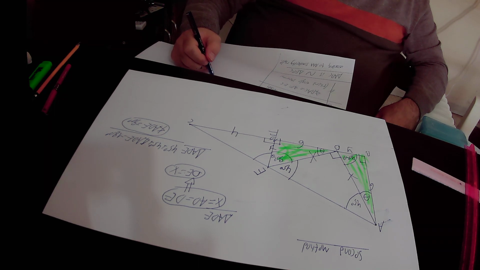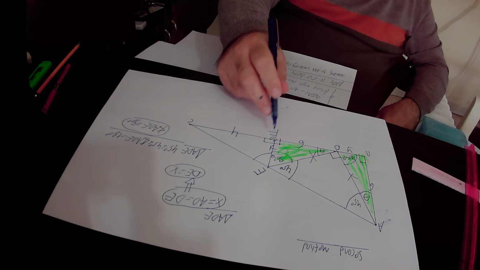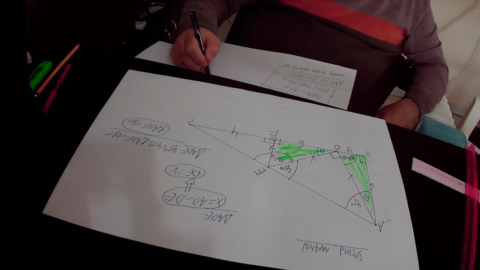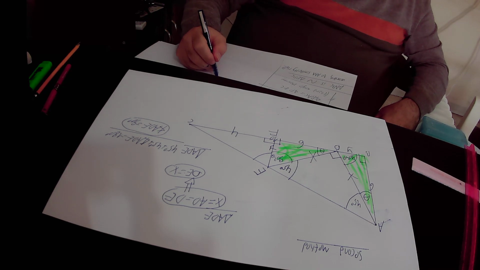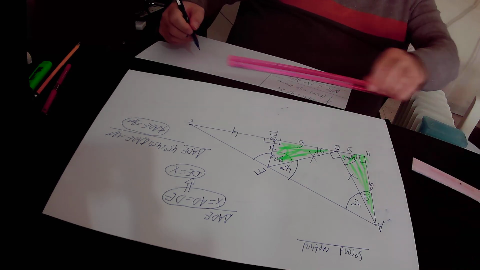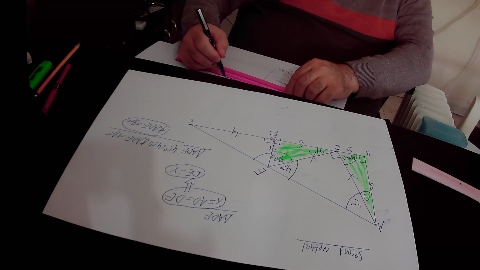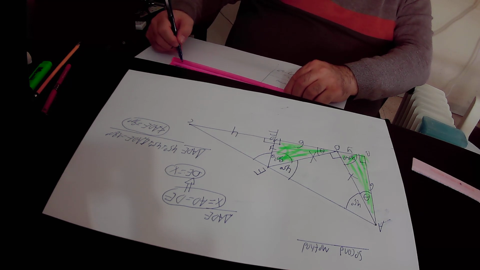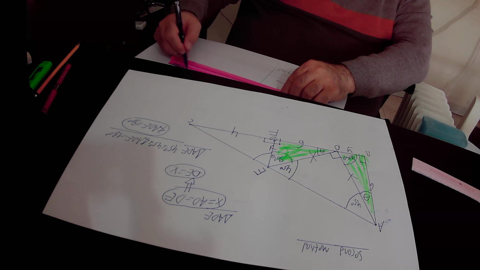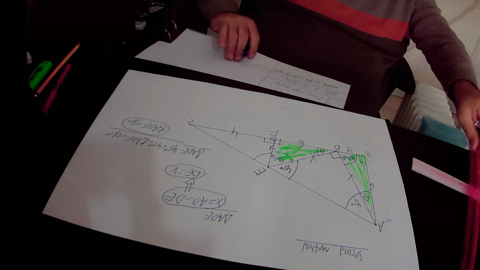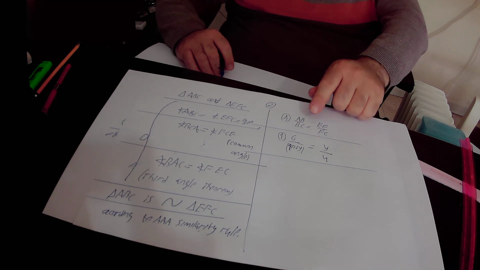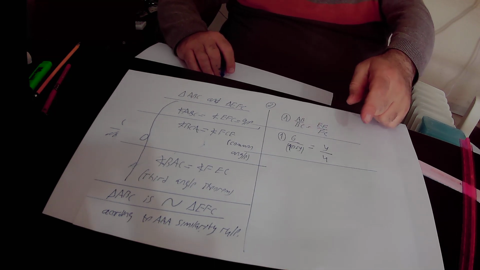And it is equal to EF. EF is also Y over FC. FC is 4. In conclusion, we found that according to equation number 1, 6 over 10 plus Y equals Y over 4.